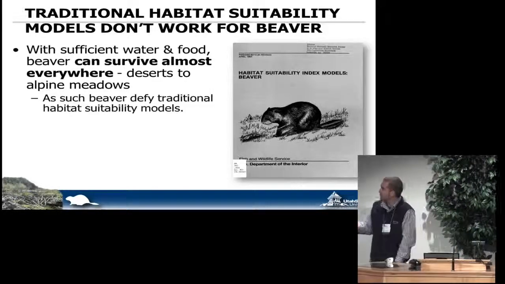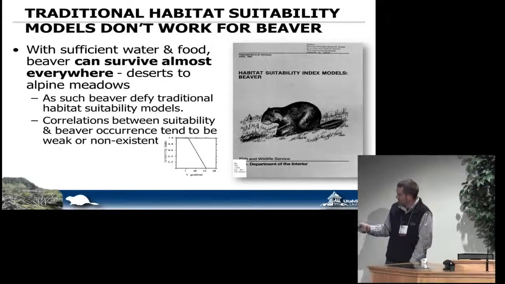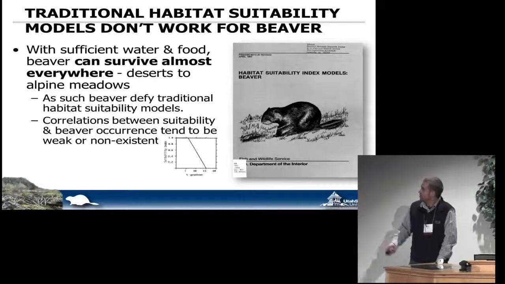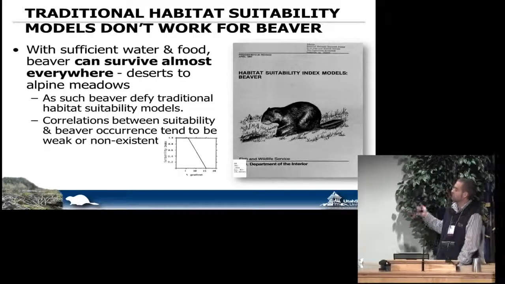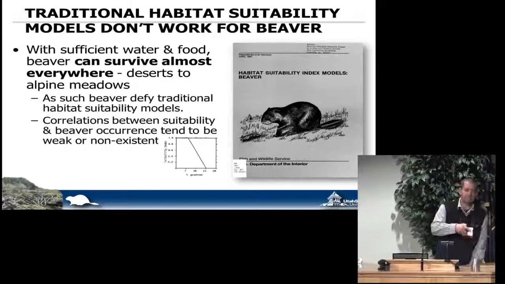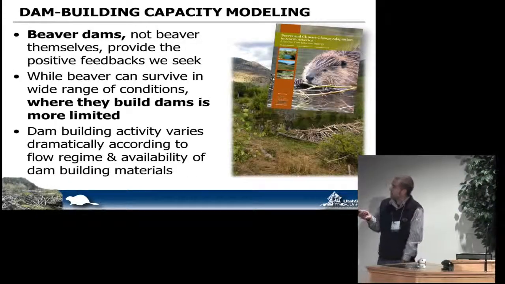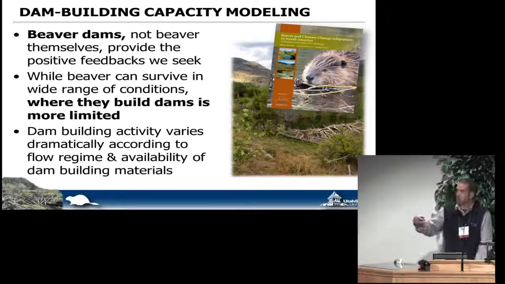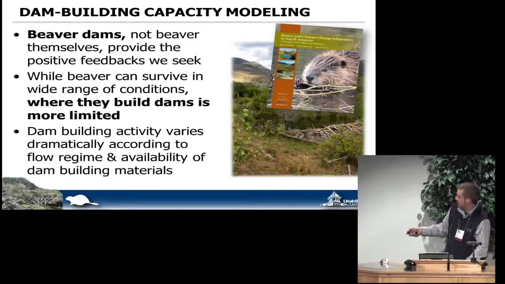So with traditional habitat suitability curves, where you try to correlate something like stream slope to suitability, you run these models and then beaver just go and completely defy what you told them was a good place to live. Instead, if we focus on where they could build dams, because that's actually the activity we're interested in, we can have an easier time.